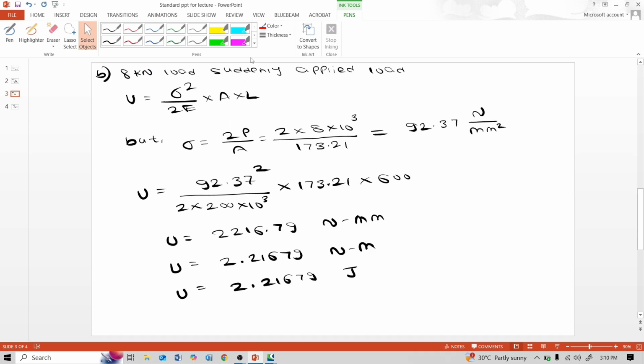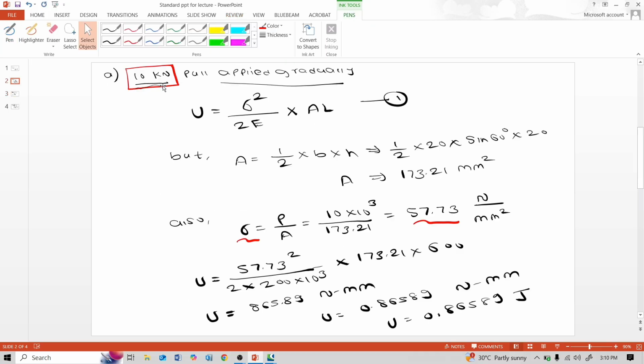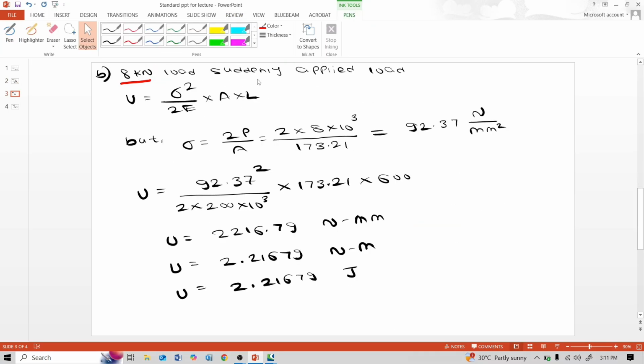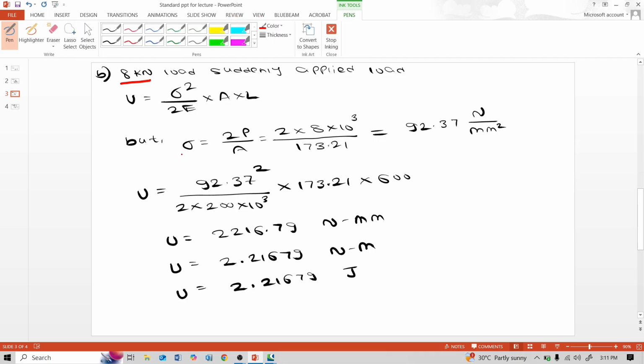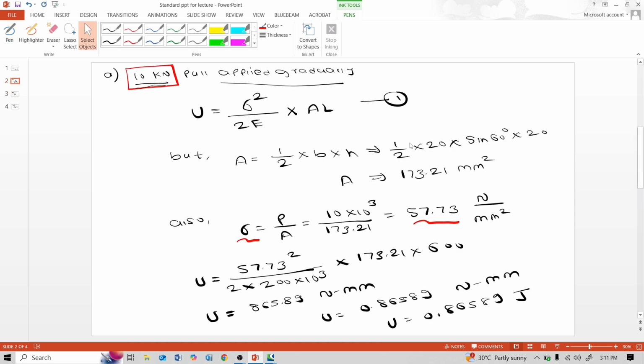And for suddenly applied load, it is 8 kilonewton. That means less than this gradually applied load. Even though this is less than gradually applied load, stress comes more than gradually applied load. See the stress difference. Stress for this gradually applied load is 57.73.